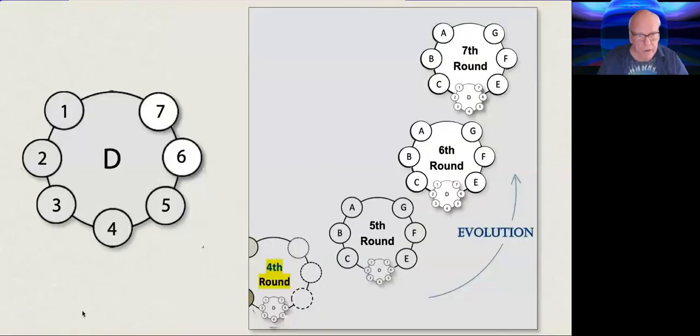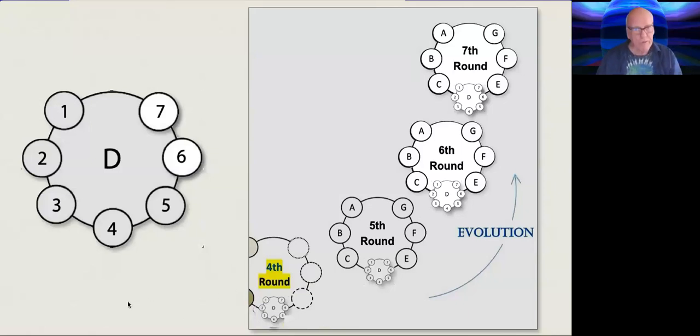This illustration depicts the 6th and 7th root races of our round and the two remaining rounds of this chain, the 6th and 7th, during which ever greater degrees of synthesis will take place.